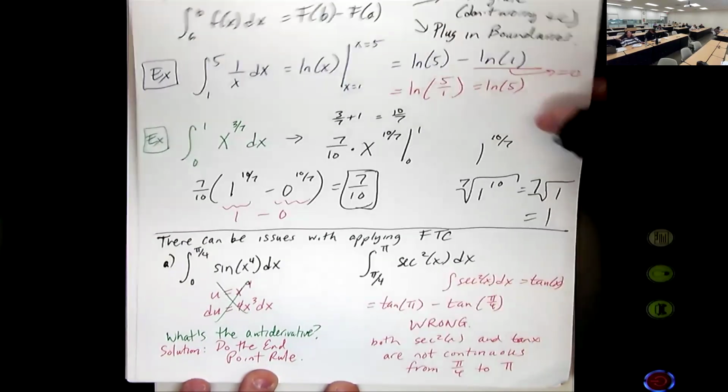So how can we think about what this part 2 is showing us? The net change theorem.